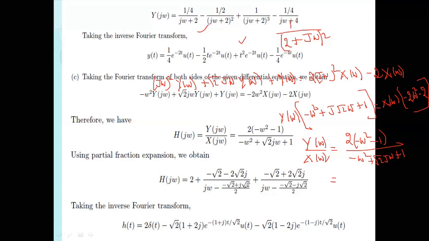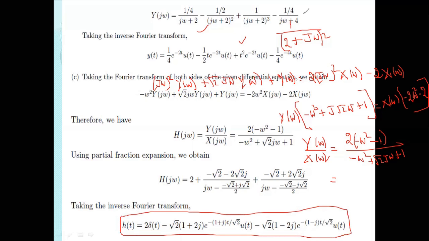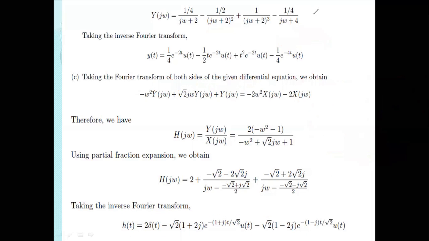Similarly for root 2, you can take root 2 as common, e power minus a, 1 plus j, and 1 plus j is a minus term. So similarly here also root 2 minus root 2 plus 1 minus root 2j, e power minus at mu of t. That is the third one.